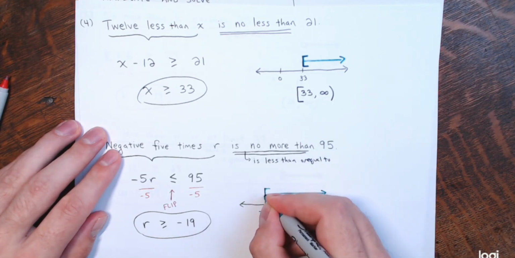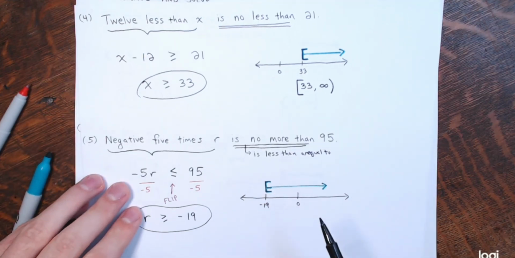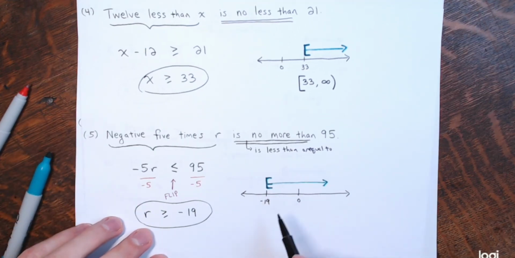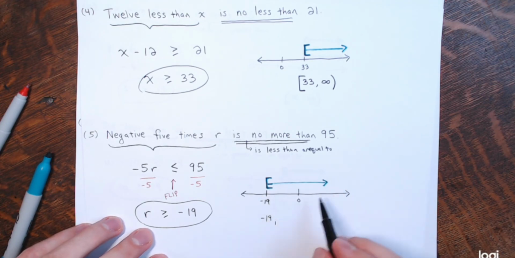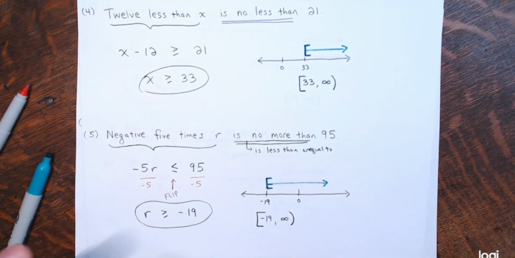So again, a rectangular bracket or a closed point on negative 19 there. The interval for this, left to right, going from negative 19 to the far right forever, right? So to positive infinity. Negative 19 is a solution, so again a rectangular bracket. Infinity is not a solution, it's not a number, always parentheses on the infinities.